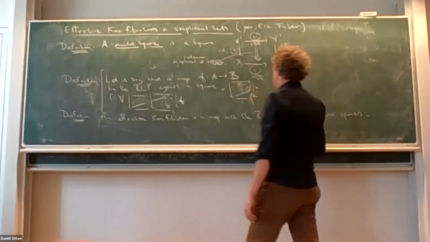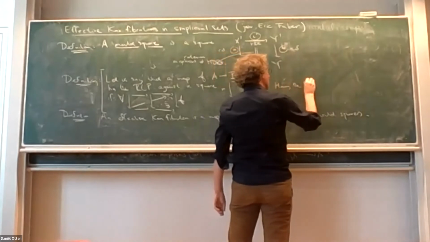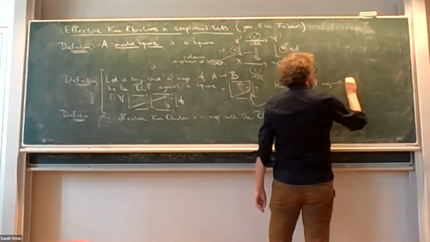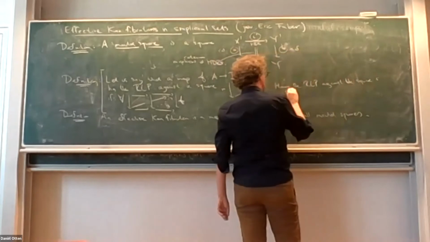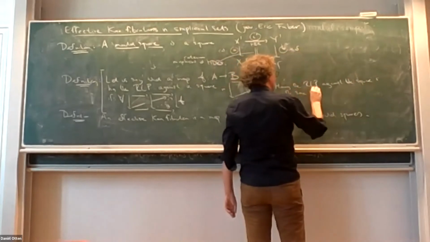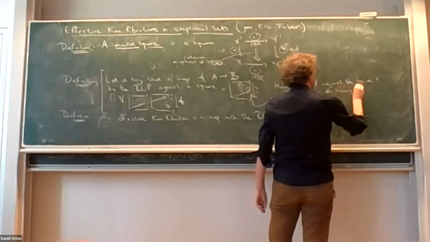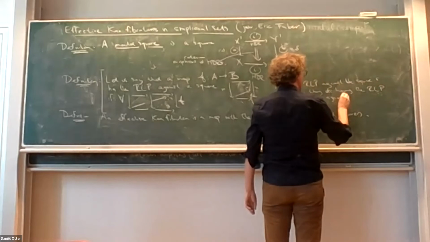Having the right lifting property against the square is the same thing as having the right lifting property against this map.